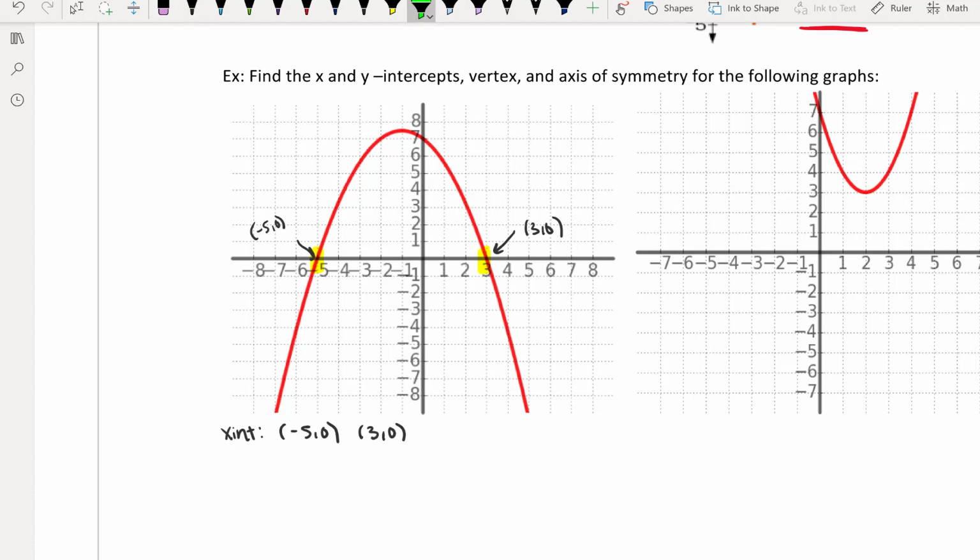The next thing I'm going to be looking at is the y-intercept. The y-intercept is here. It's along the y-axis. So that's (0, 7). Now, the other thing I'm going to be looking at is my vertex. It looks like that is going to be my vertex.